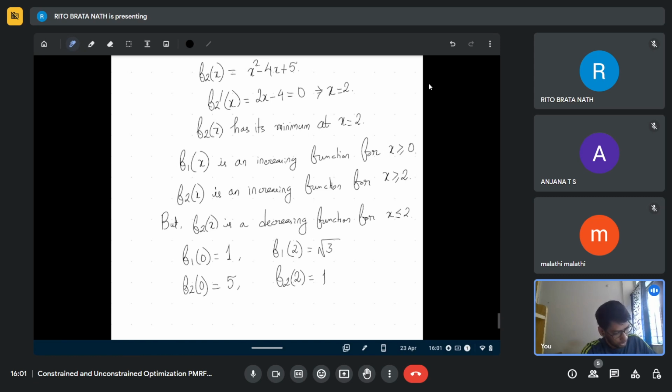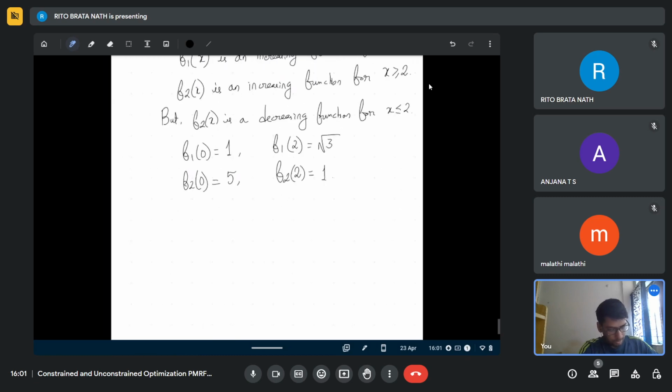Okay, so this will be 1. But in between, the functions have a conflicting nature, right? One is increasing and the other is a decreasing function in between 0 and 1, right?